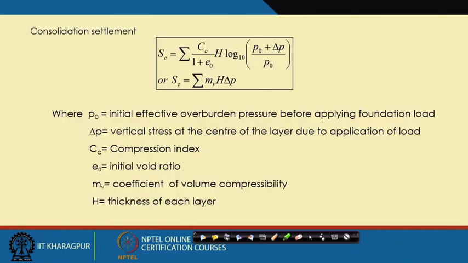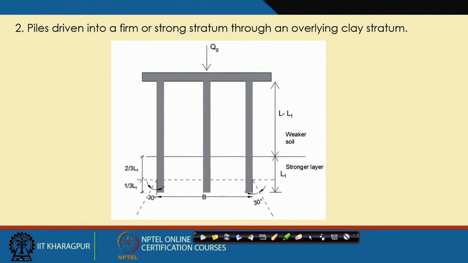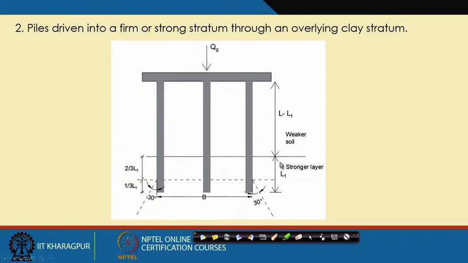Okay. And then suppose the upper layer is very weak soil, but the lower layer is very strong soil. The previous one is the homogeneous clay, but here the upper layer is very soft, but the lower layer is very strong, okay, or stiff layer or hard layer. Then you will place the raft at 2/3 of the length of the lower layer.